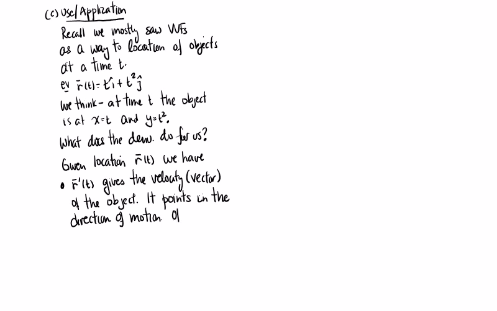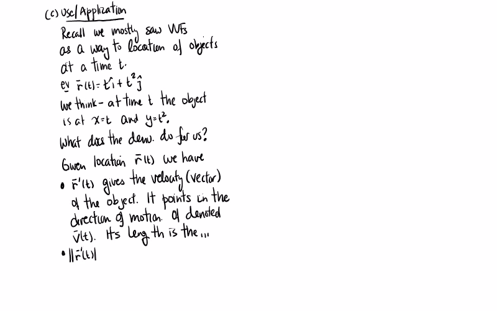This is often denoted v of t, and its length is the speed. So I'll say its length is the, dot, dot, dot, because that's the next definition. The length of a vector is the absolute value.